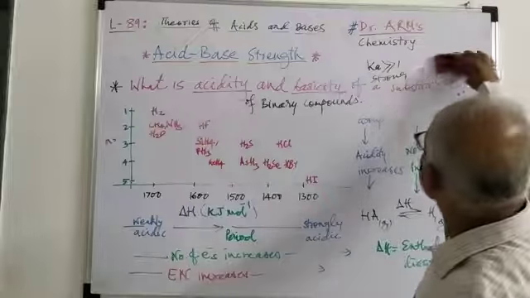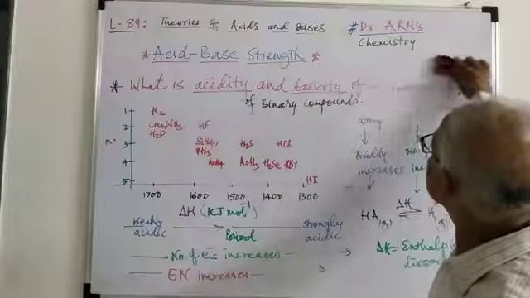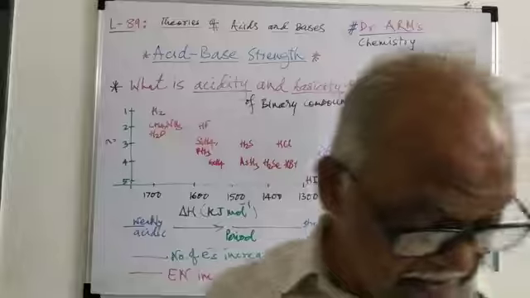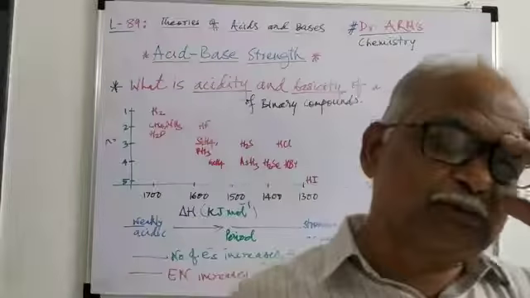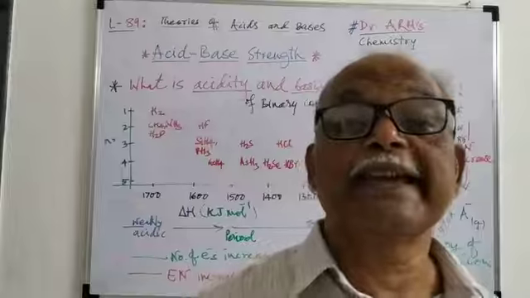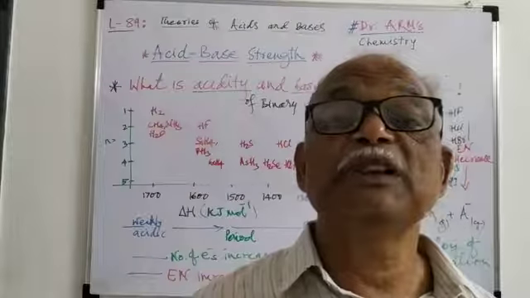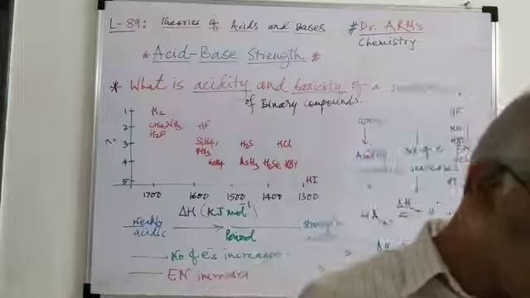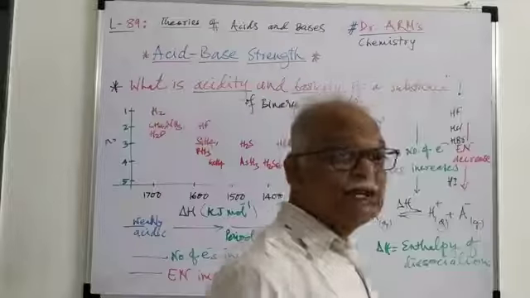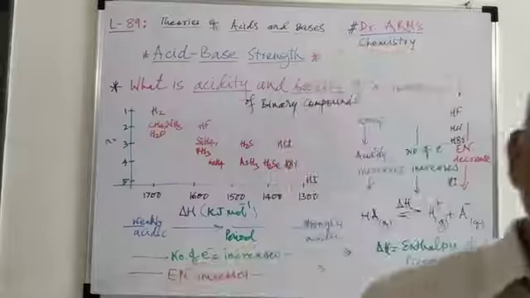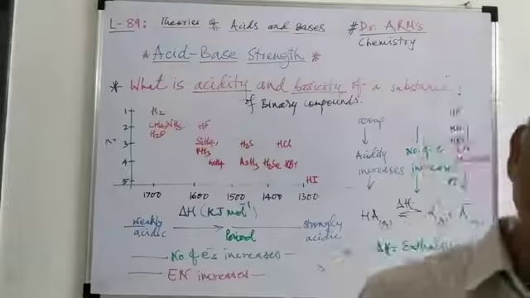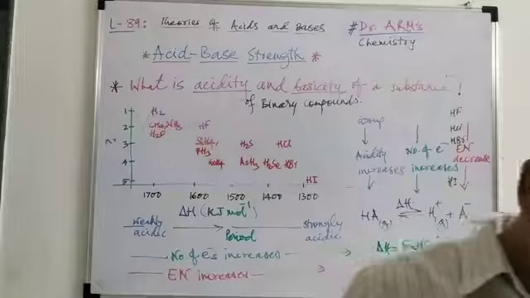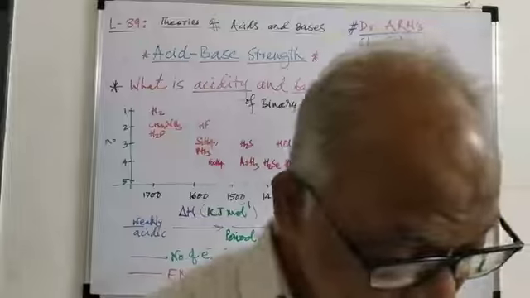Similarly, we can also explain the basicity for a base, that is Kb. The same trend is observed in terms of Ka and Kb. When Kb is much greater than 1, it is a strong base. When Kb is less than 1, it is a weaker base.